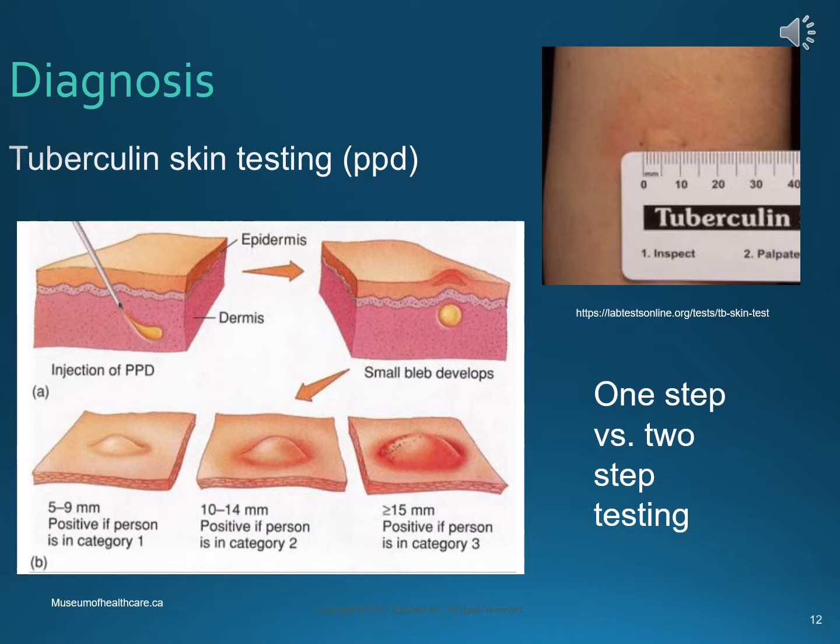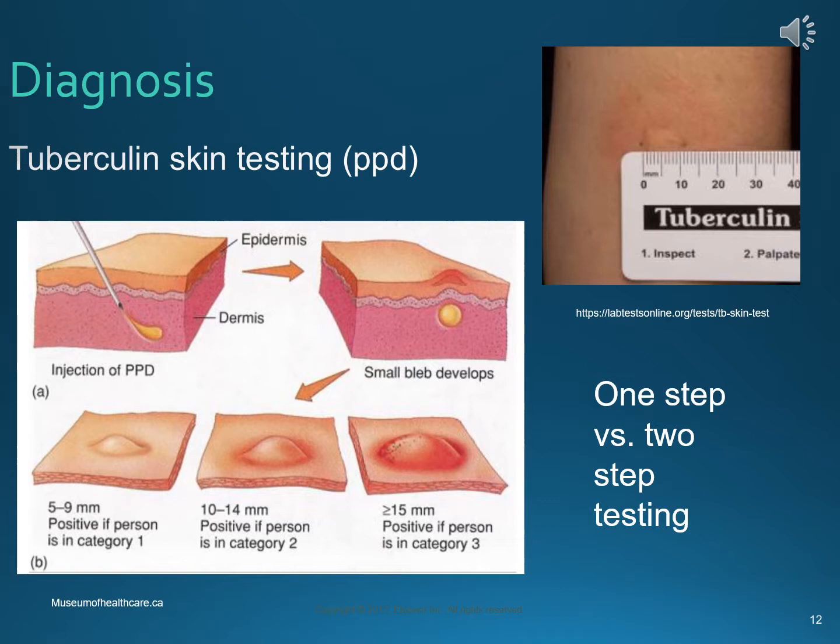So what they do is they take parts of the TB protein and suspend it in this liquid, and then you inject it in an intradermal injection underneath somebody's skin. Then you wait a couple of days and see whether or not they react.